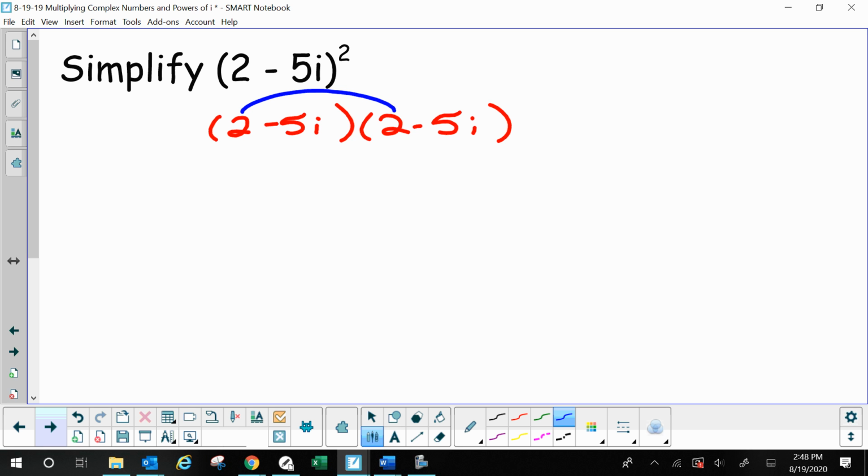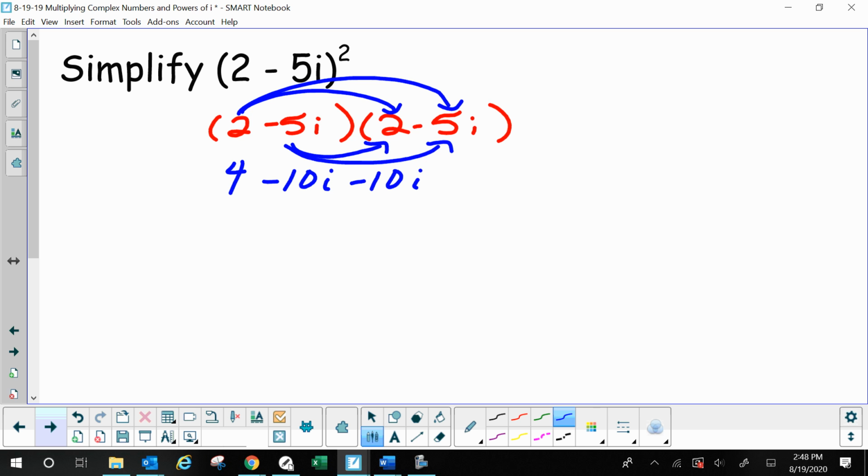What's 2 times 2? 4. What's 2 times negative 5i? Negative 10i. And then what's negative 5i times 2? Negative 10i. And then what's negative 5i times negative 5i? Positive 25i squared. Now we can combine the middle.